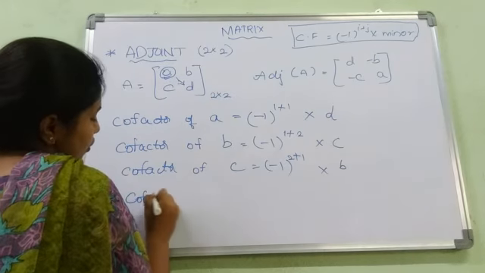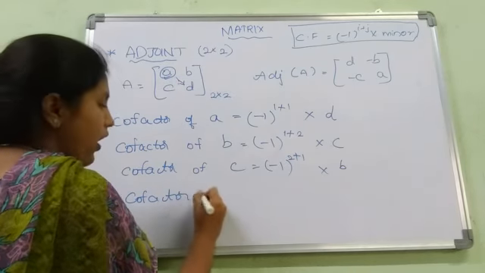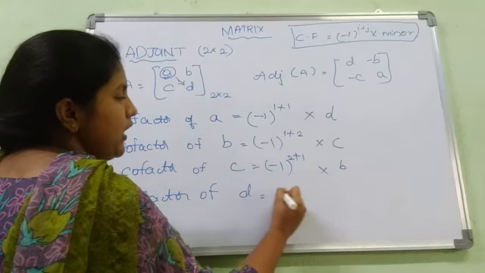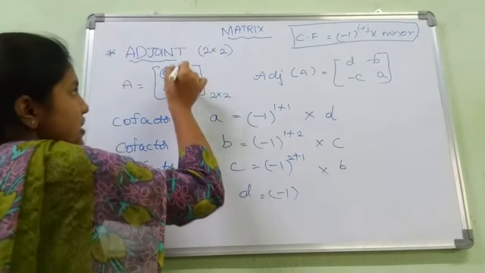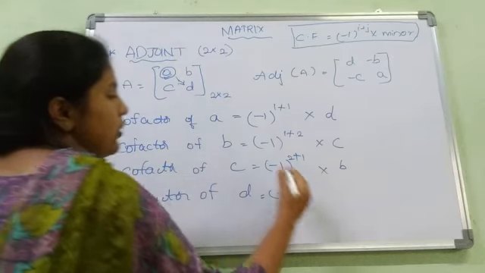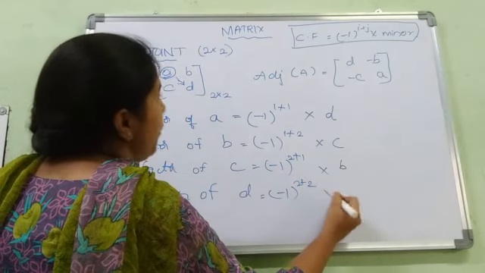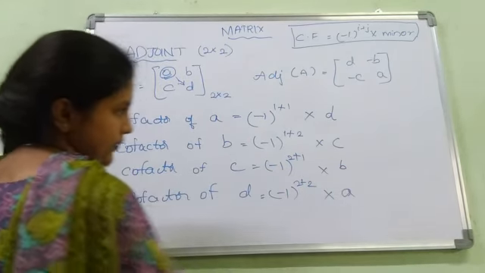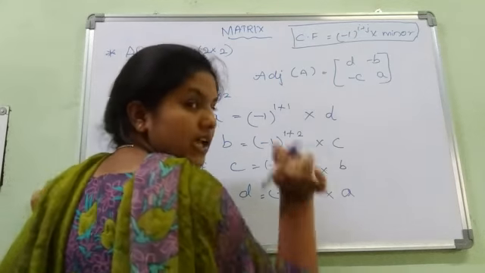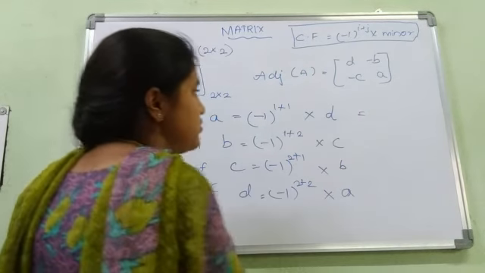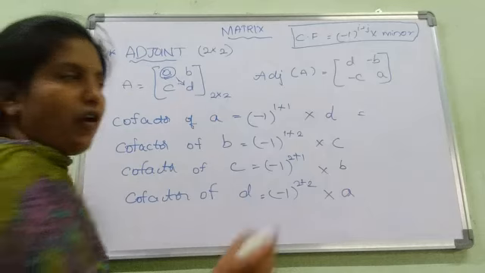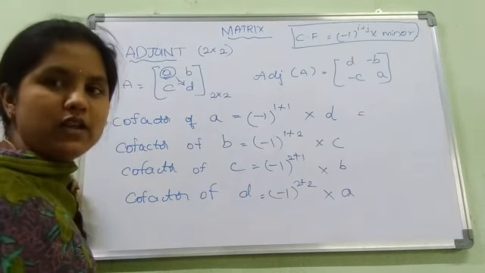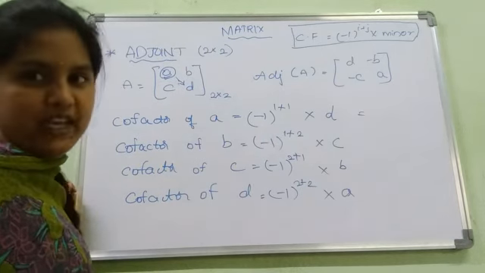And then the cofactor of d will be (-1) to the power of second row, second column, so 2 plus 2, into the opposite element a. And listen here, the cofactor of a gives (-1) to the power of 1 plus 1, which means (-1) to the power of 2 into d, right?